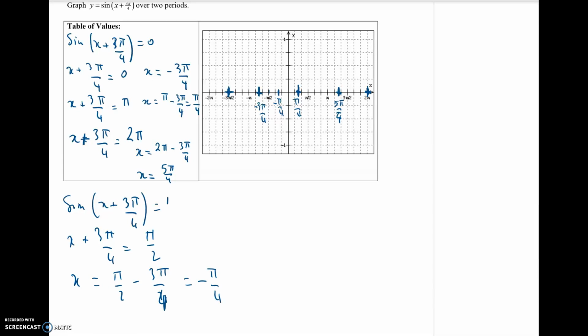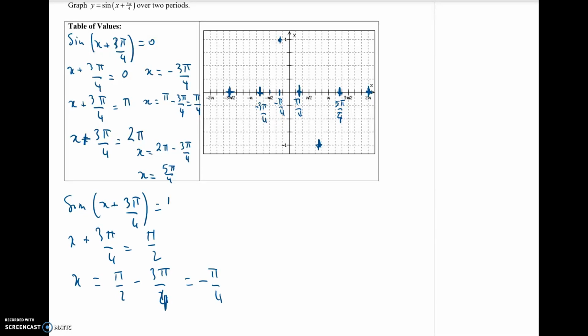So when x equals minus pi over 4, I will be at 1, sorry. So I will be right here. This is my 1.